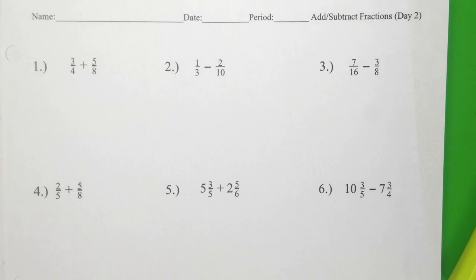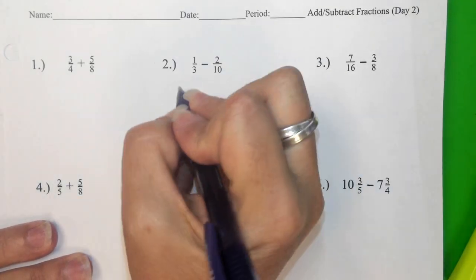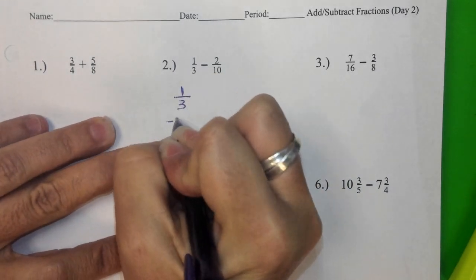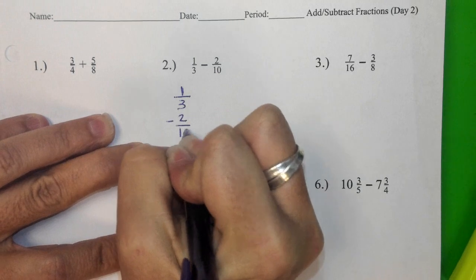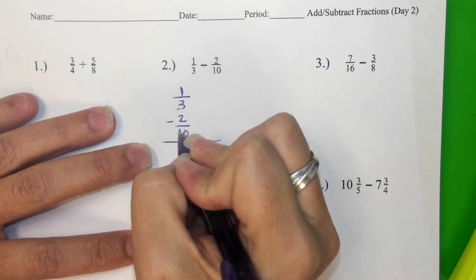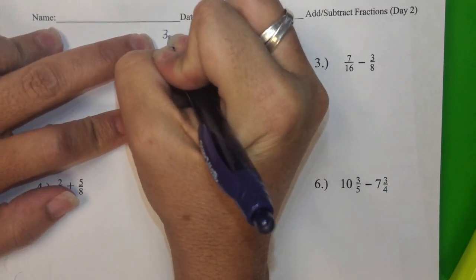So here we go. I'm going to start just by doing number 2. No reason. I don't know. I'm going to put 1/3 minus 2 tenths. Okay. If I need a common denominator, to find it, I want to skip count by 3s.